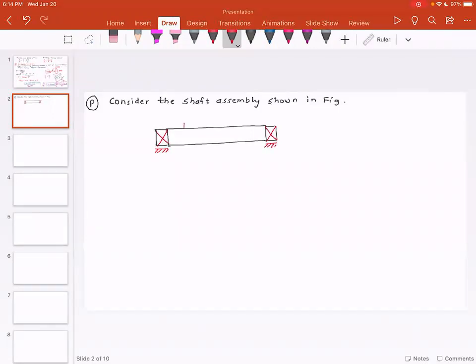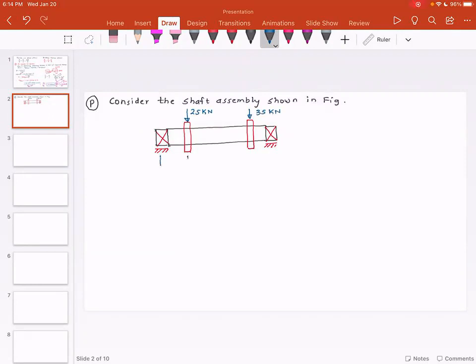There is one pulley over here, and there is one pulley over here. The weight of the left pulley is 25 kilonewton, and the weight of the right pulley is 35 kilonewton.